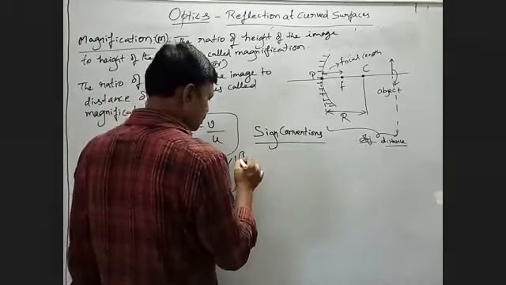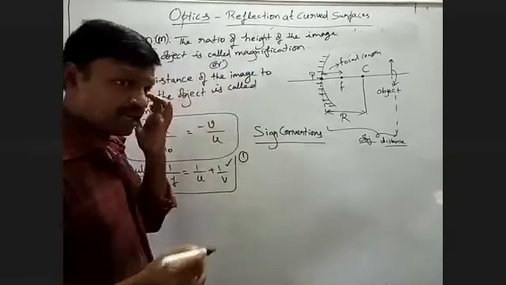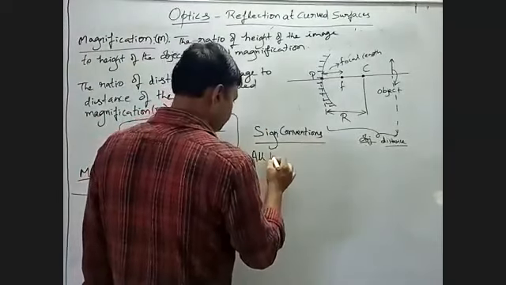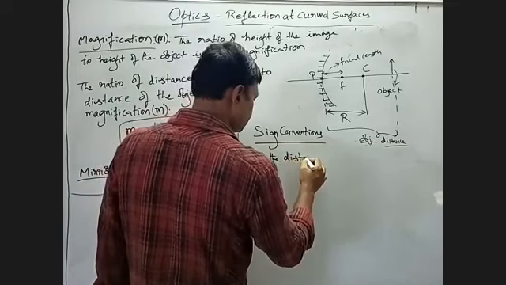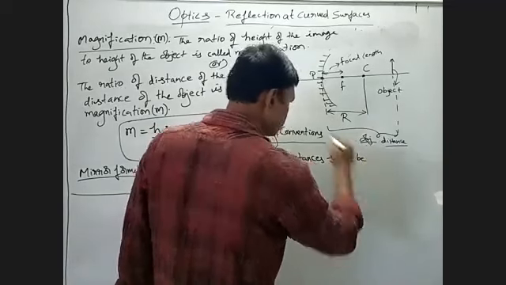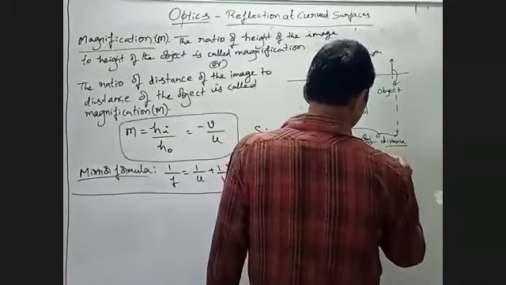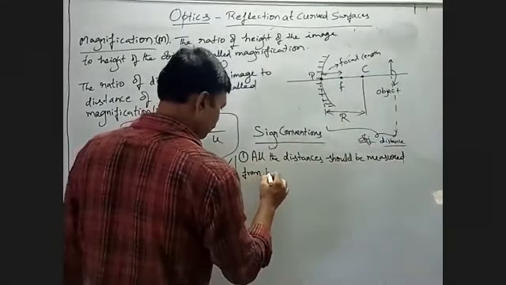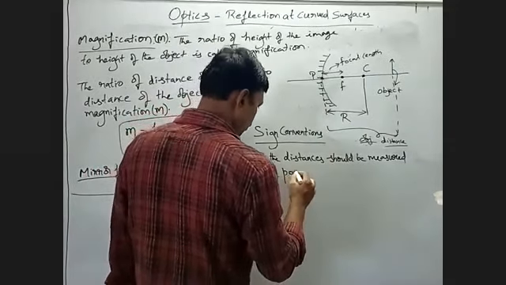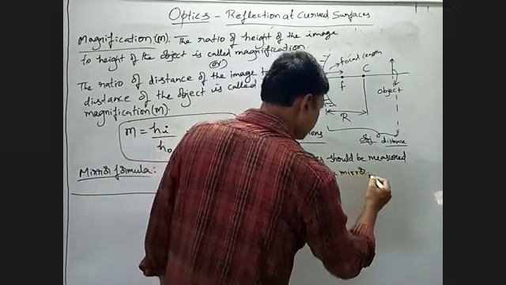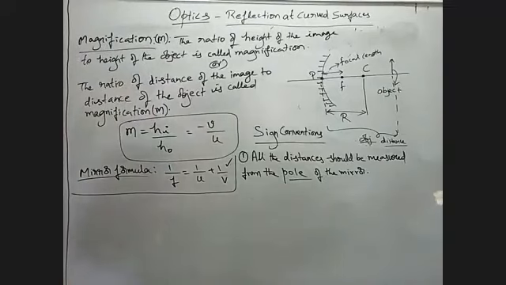The first and foremost rule is that all the distances should be measured from the pole of the mirror, whether it is the object distance or the image distance.